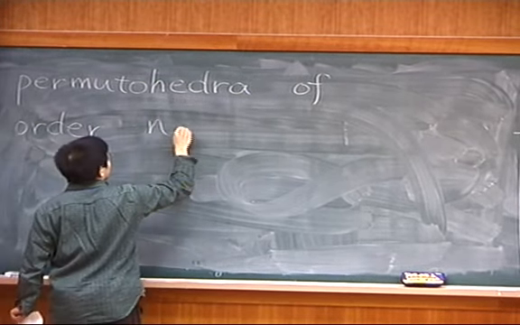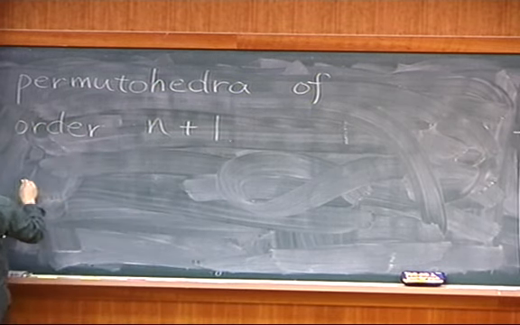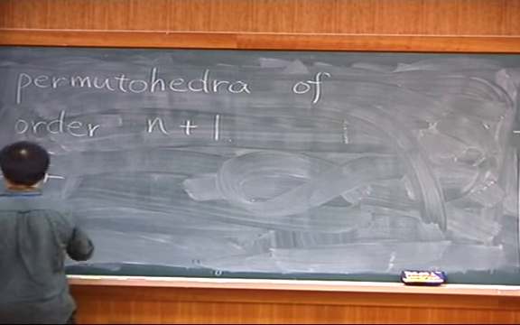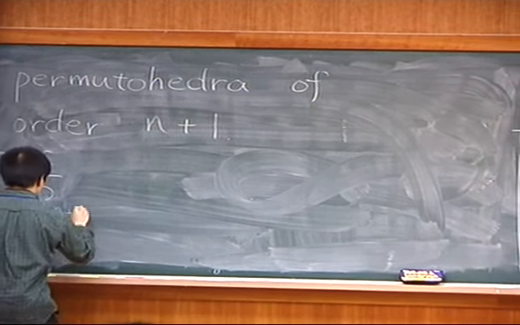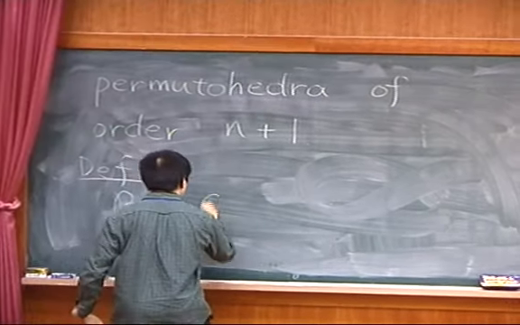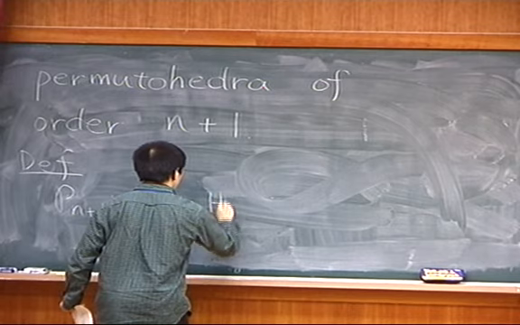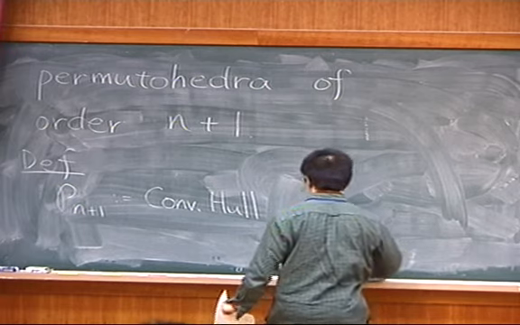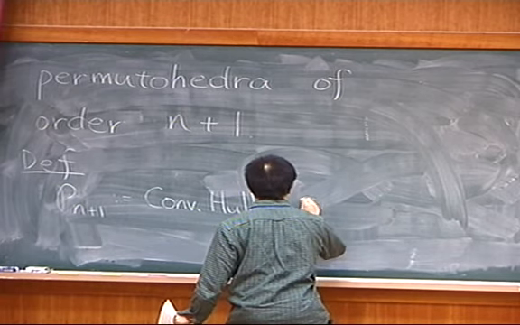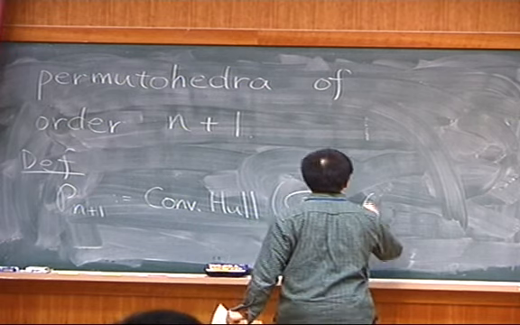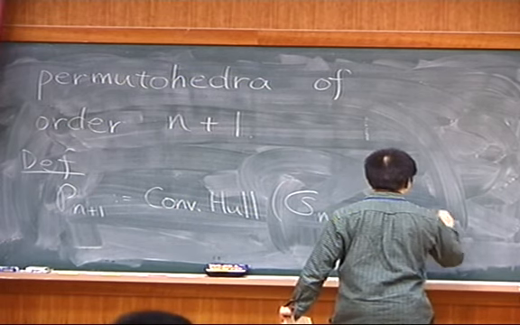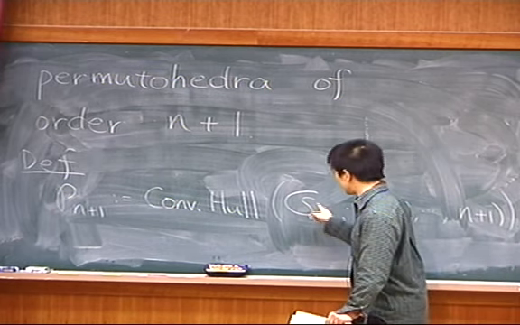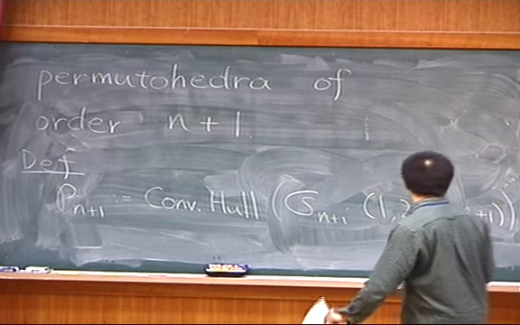Order n plus 1. So let me recall the definition of a Permutohedron. It is a convex hull of the orbit of the point (1, 2, ..., n+1) under the natural permutation action of the symmetric group.